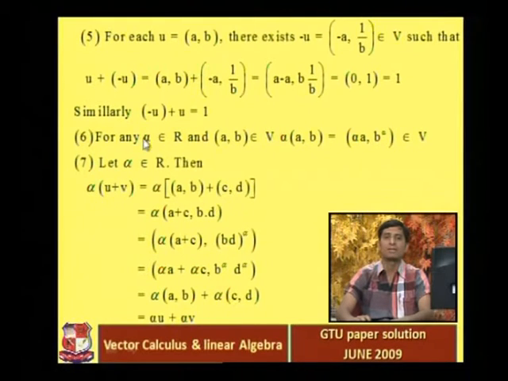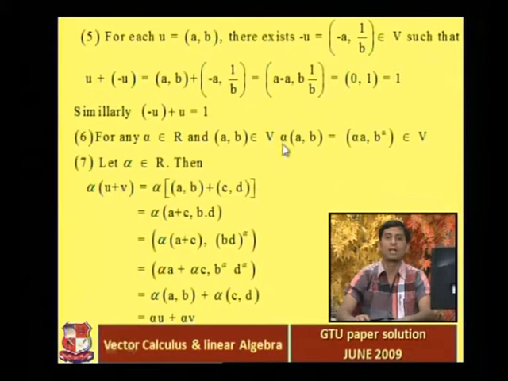First of all, try to understand this property: for any scalar alpha belonging to R and (a, b) belonging to V, alpha into (a, b) is equal to (alpha a, b raised to alpha). Now alpha a is definitely a real number, but the second coordinate must be a positive real number, right? And it is positive because b is greater than 0.